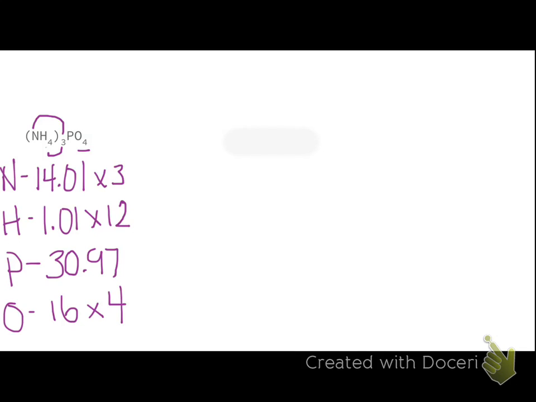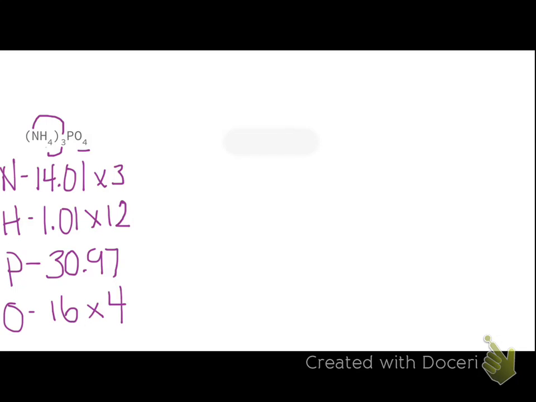Now remember, if you have 14.00 for nitrogen, or you had 30.9, I believe it's 85 for phosphorus, it's okay. As long as everything is in that area, you're not going to find something that's going to give you a drastically different number. It just depends what periodic table you're looking at and how everything's rounded.